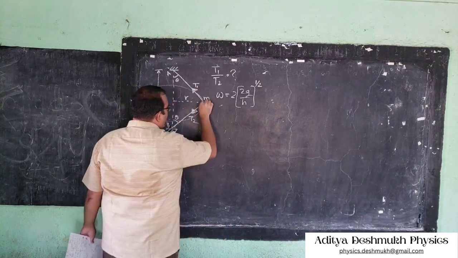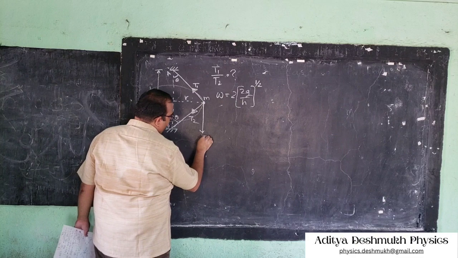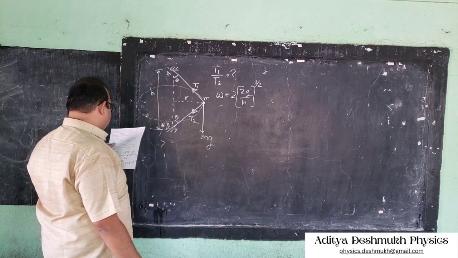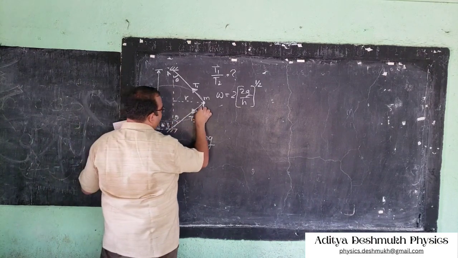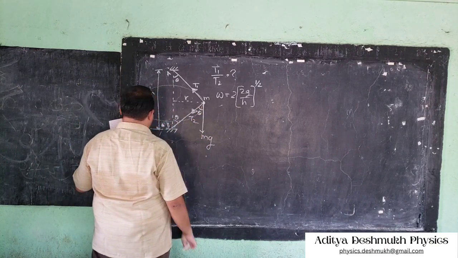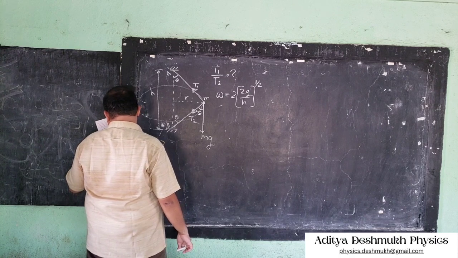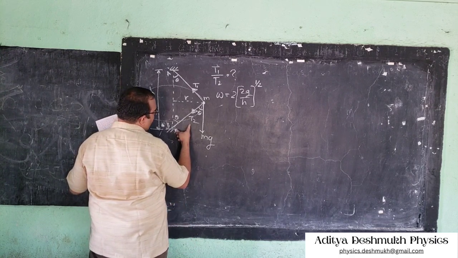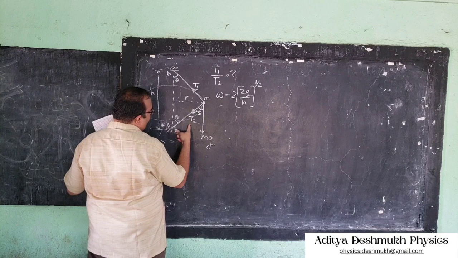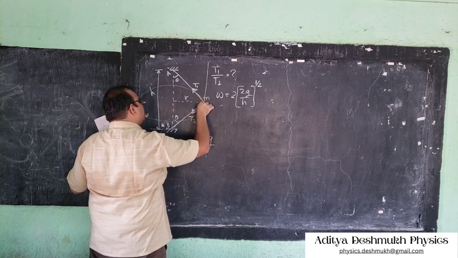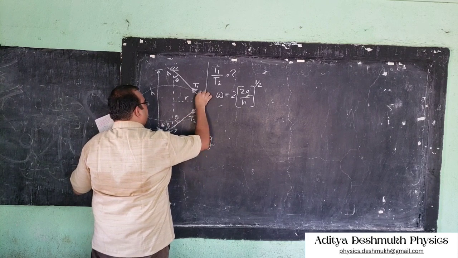So this will be my mg. If this angle is theta, this angle will be theta, and this angle will also be theta.